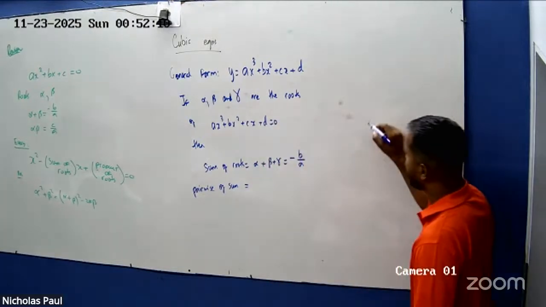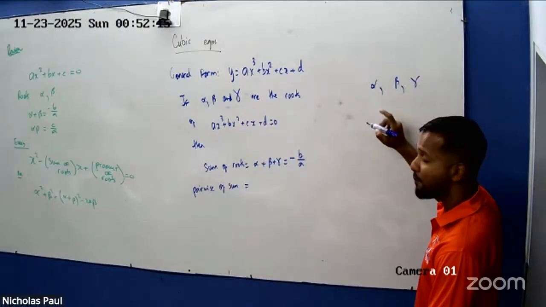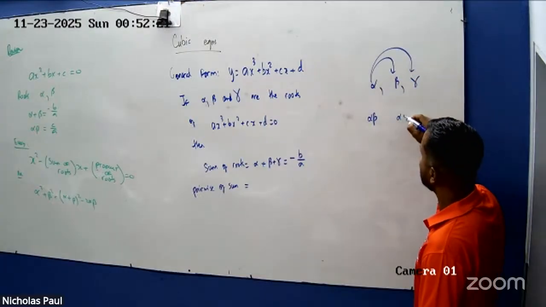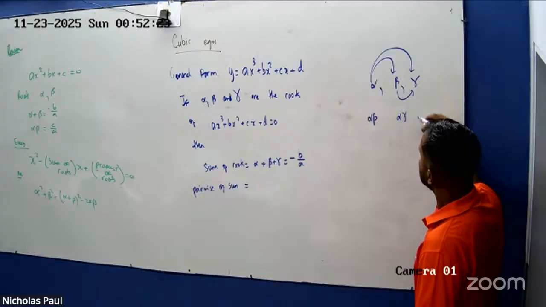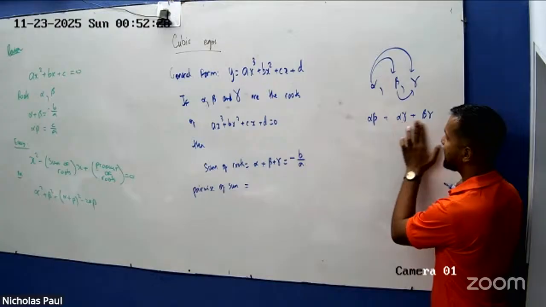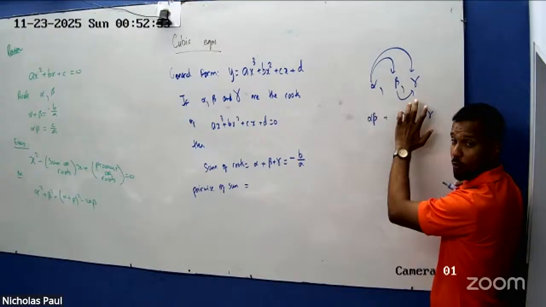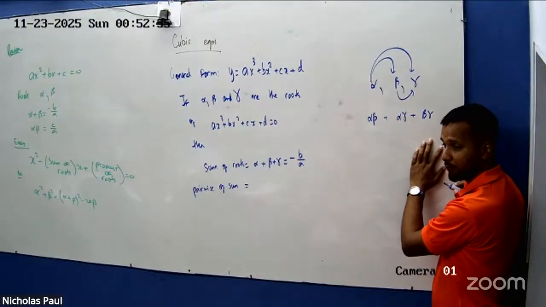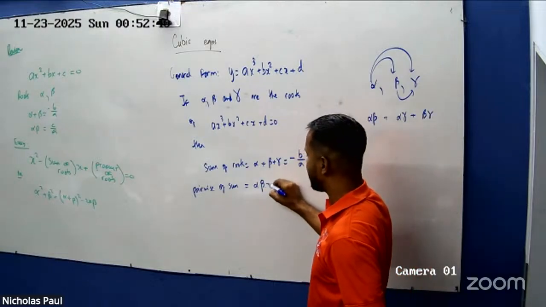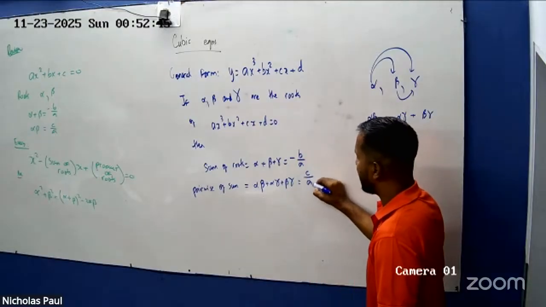You have three roots, and you pair them up: alpha by beta, alpha by gamma, and then beta by gamma. Then add them up. This is called the pairwise sum of the roots. Everybody okay with that? So the pairwise sum is alpha beta plus alpha gamma plus beta gamma, and it is c over a.